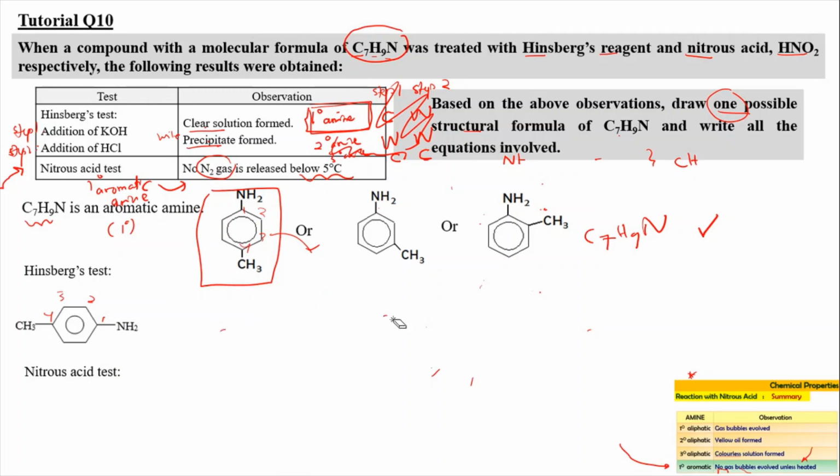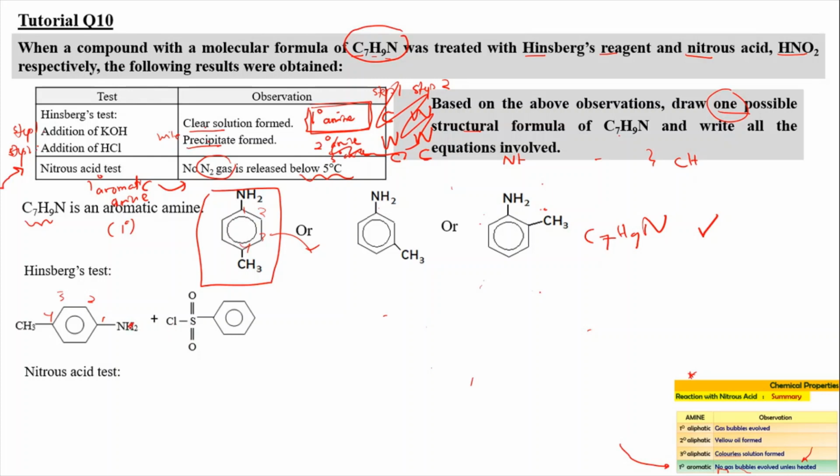Okay, so as what you can see here, the primary aromatic amine or aniline is going to react with the Hinsberg reagent. So the Hinsberg reagent is benzene sulfonyl chloride, where the benzene is going to attach with S double bond O and Cl here.